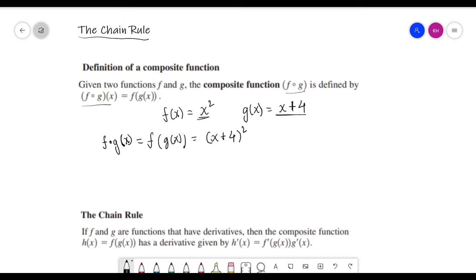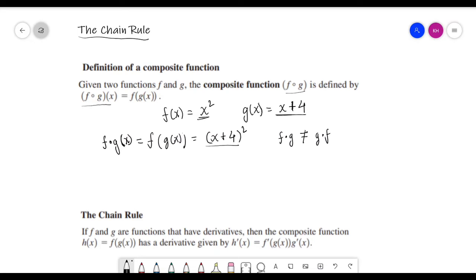Now we also have to keep in mind that f dot g is not equal to g dot f. Why? Because when you plug g of x into f of x, it is not the same as plugging f of x into g of x. So I'm going to show you. Over here we have g of x plugged into f of x. So I'm going to do the opposite now.